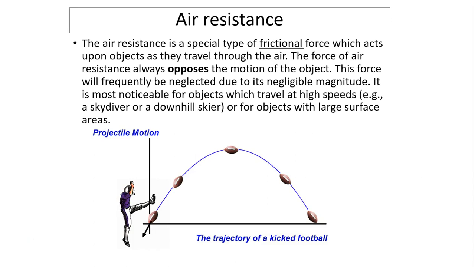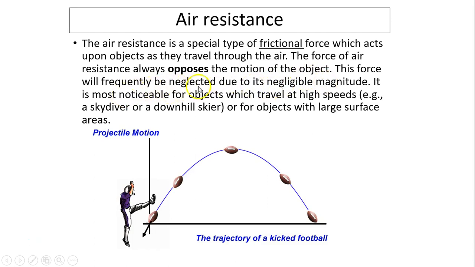Another type of force is air resistance. Air resistance is kind of like frictional force. It is a special type of frictional force which acts upon objects from the air. The air molecules move against the object. So the force of air resistance is similarly opposed to the object's motion, opposite to its velocity.